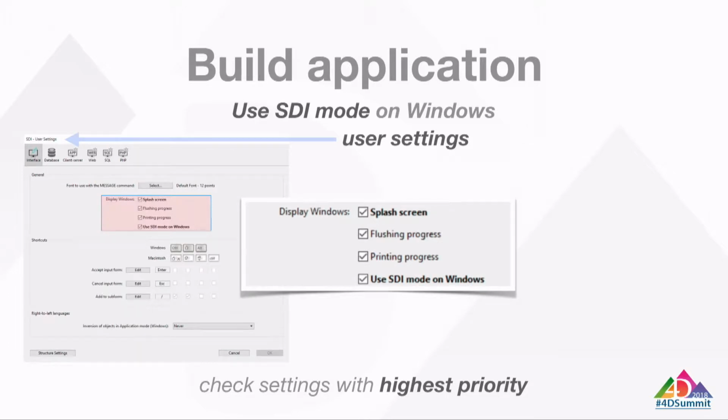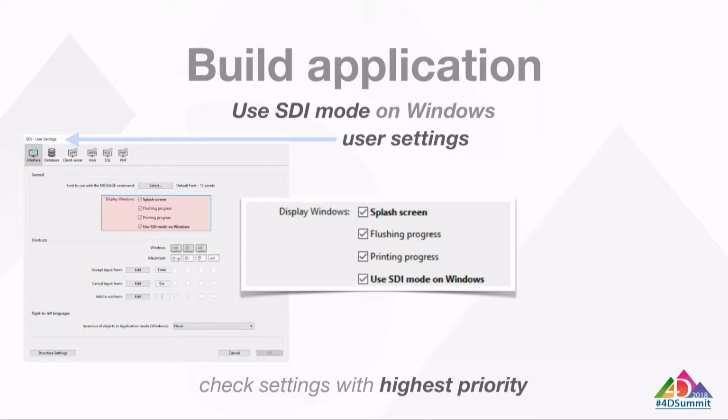And also, because 4D can now have different levels of database settings. So there's database settings stored in the structure file, but you can also have an external, what we call a user settings file, which is a document on disk, which will override the settings defined in the structure file. And there is a third level of database settings, which is an external user settings file next to the data file.